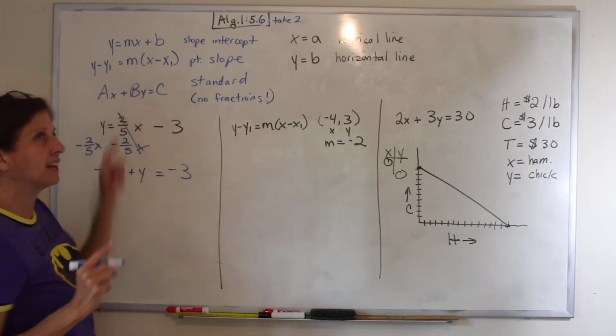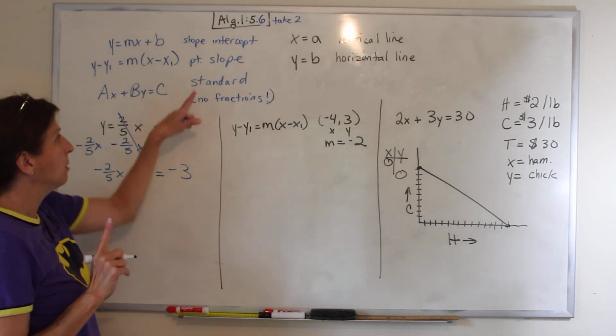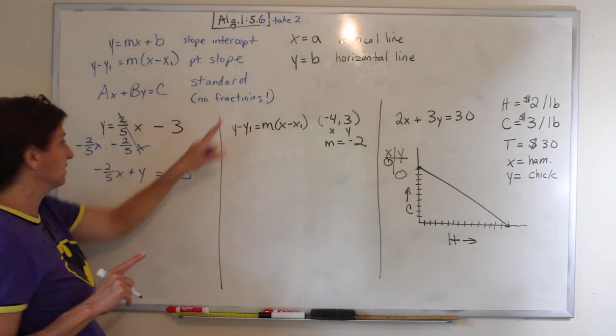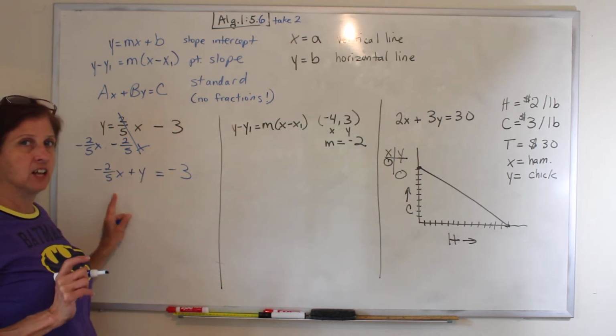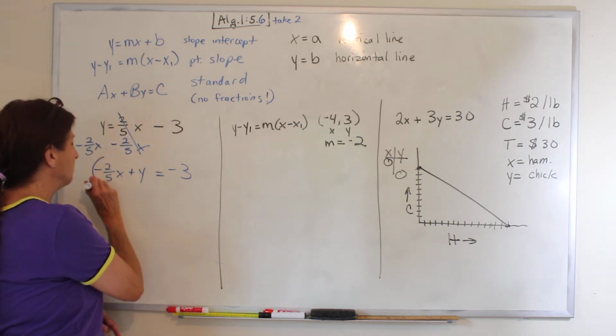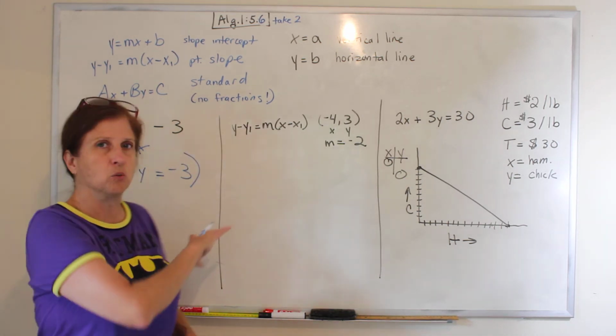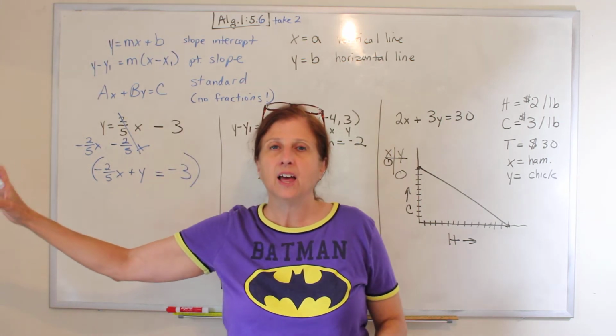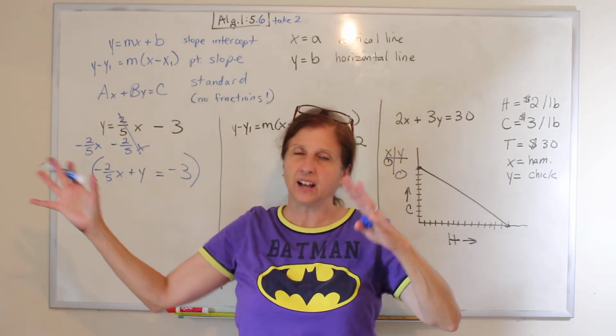Now, is that standard form? No, because you're not allowed to have fractions, and we have a fraction. So we need to do something called clearing the fraction. And it's based on the idea that you're allowed to do whatever you want in math as long as you do it to both sides of the equal.